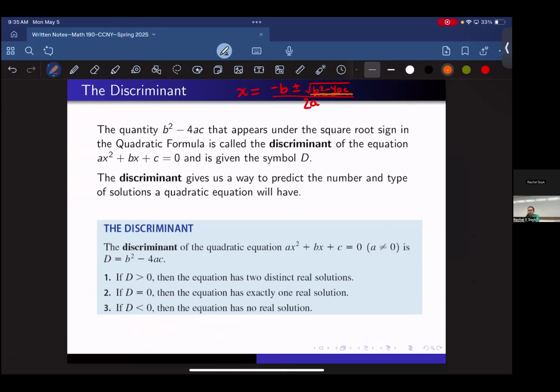Well, if we take the square root of 0, we're only going to get 1 real solution. Positive 0, -0 is the same as just 0, 1 real solution. If we take the square root of 16, we get 2 distinct real solutions, +4 and -4. That's when our discriminant is greater than 0.